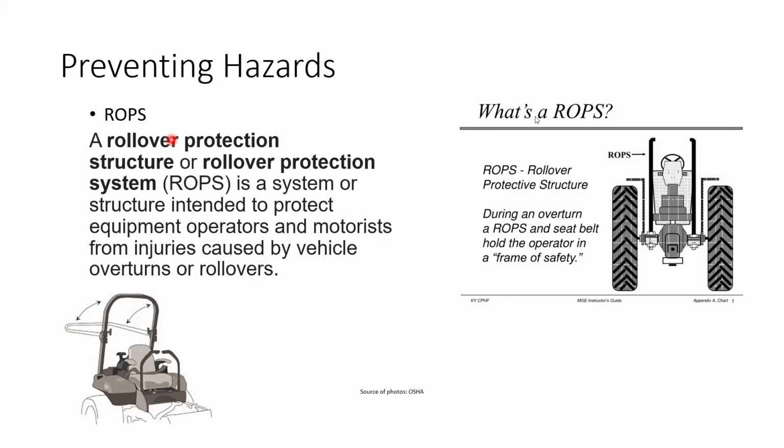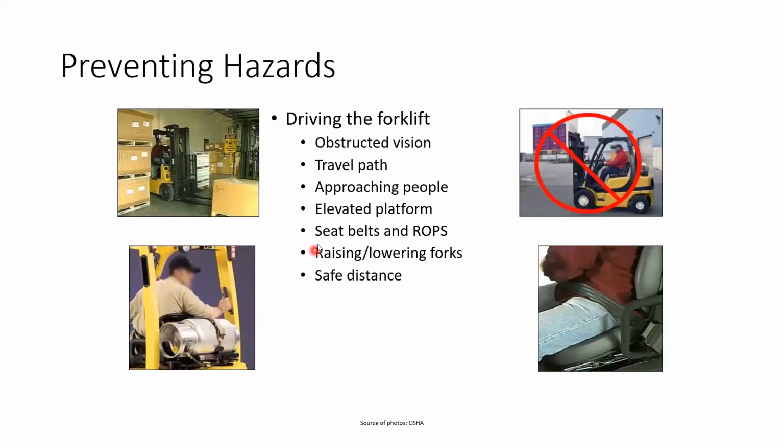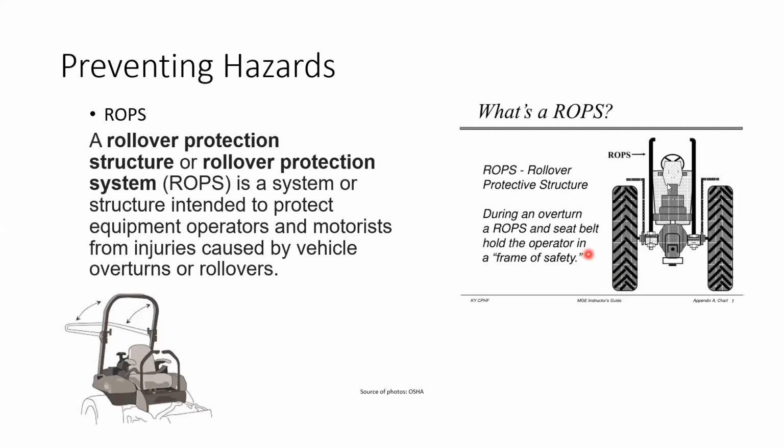This is the meaning of ROPS here. Seat belts: any worker for a forklift should have a seat belt and a rollover protection structure, as you see here.